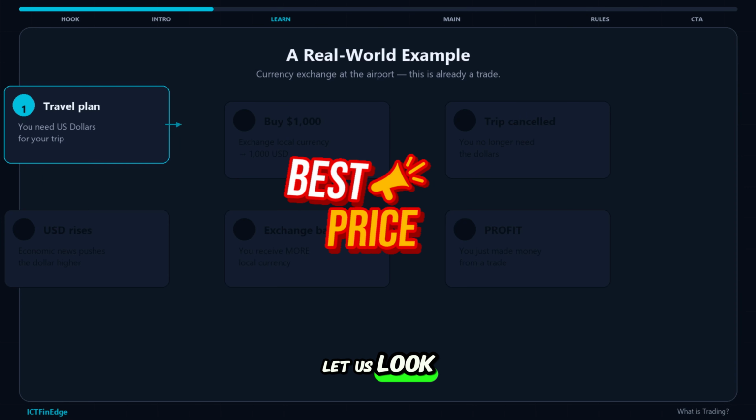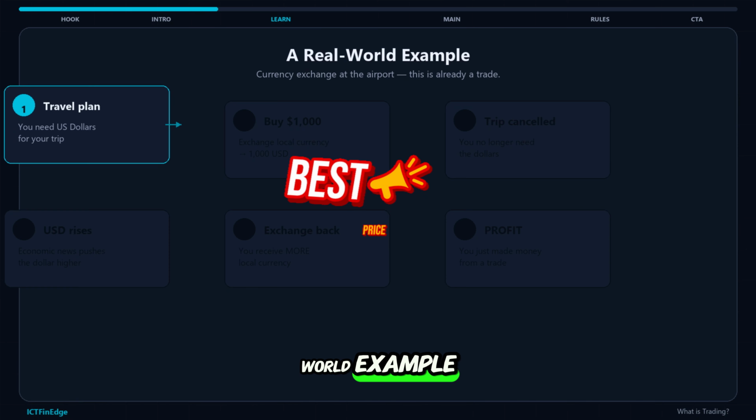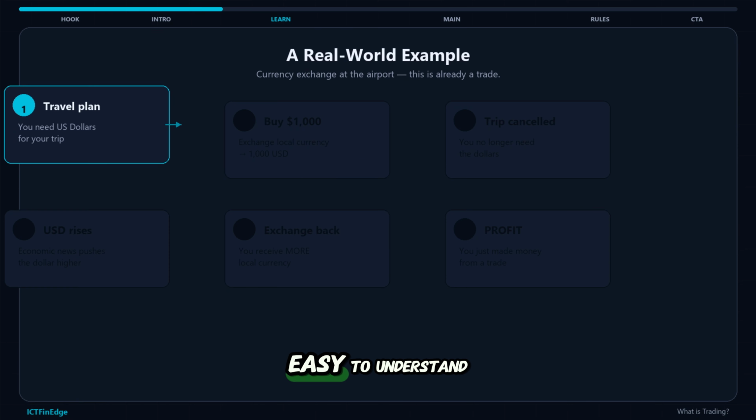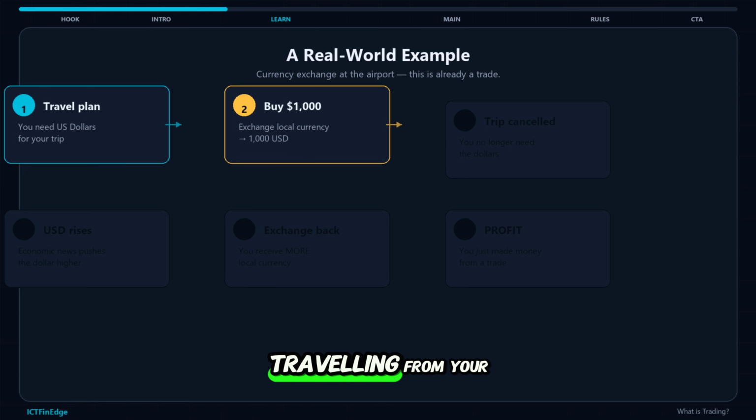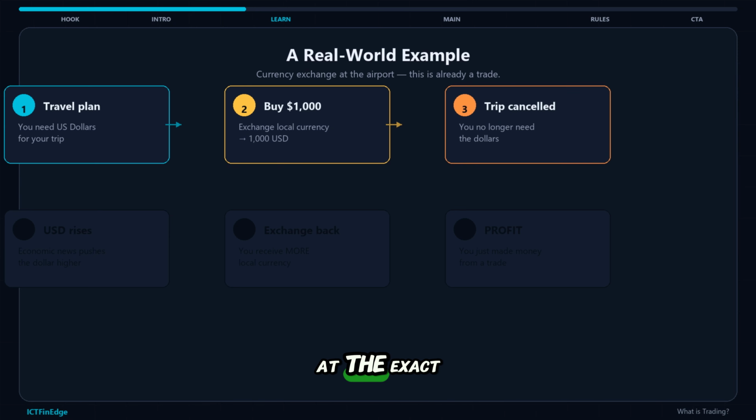Let us look at a real world example to make this easy to understand. Imagine you are traveling from your home country to the United States. You go to the currency exchange and buy 1000 US dollar. At the exact moment you just made a trade, you exchanged your local currency for US dollar.